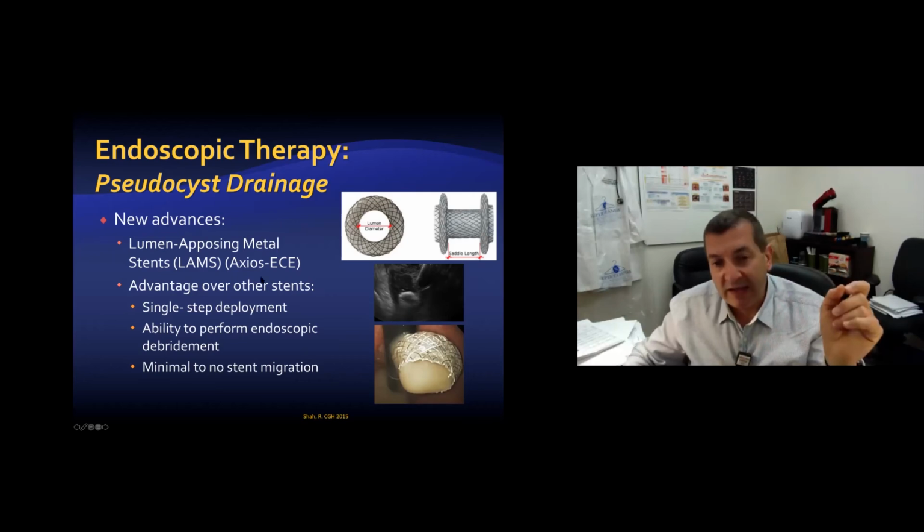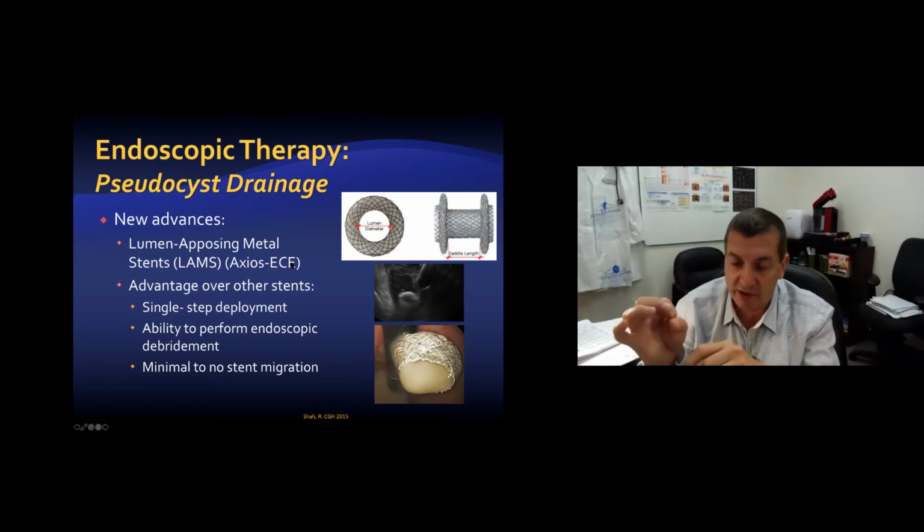However, with the advancement of the self-expanding metal stent, there is a stent that was invented around mid 2015. That stent is a lumen opposing metal stent. So it's called Axios with electrocautery enhanced stent. So basically it's like a large needle.